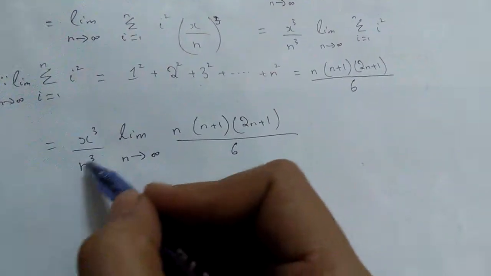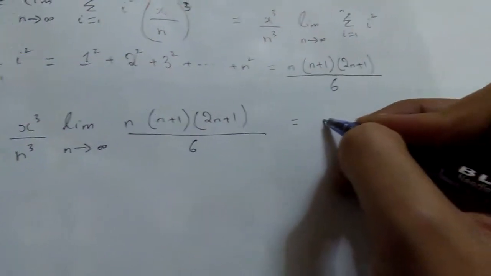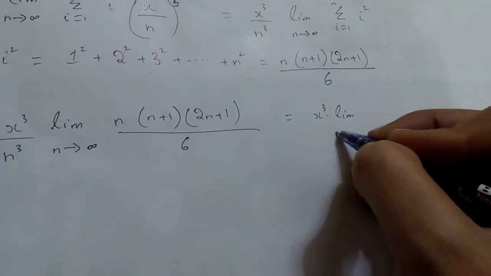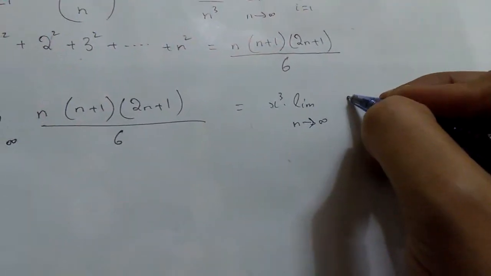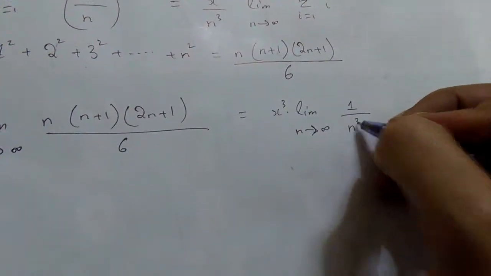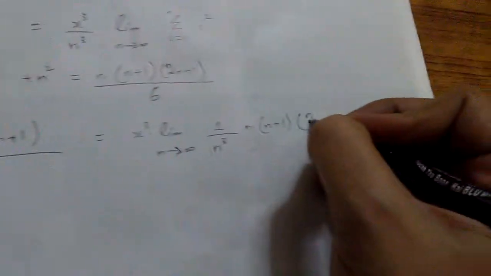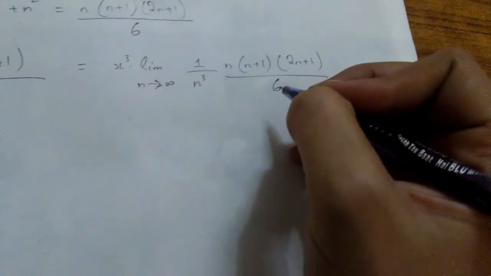All right, let us bring this n cubed inside and write it after the limit in order to solve this thing. It is x cubed, limit n approaching infinity, 1 upon n cubed, n times (n plus 1) times (2n plus 1) upon 6.